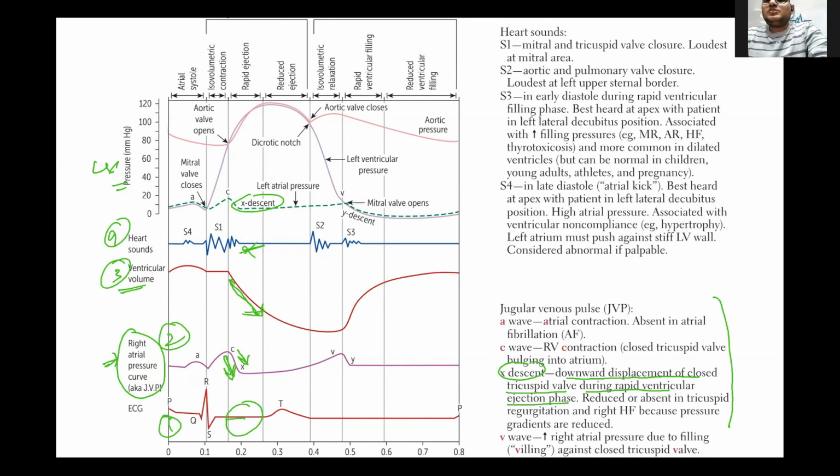But the significant change in this rapid ejection is that the aortic valve opens just before rapid ejection. That is an important point here. Aortic valve opens just before this rapid ejection point, and also aortic pressure is rising. Also, left ventricular pressure is rising.